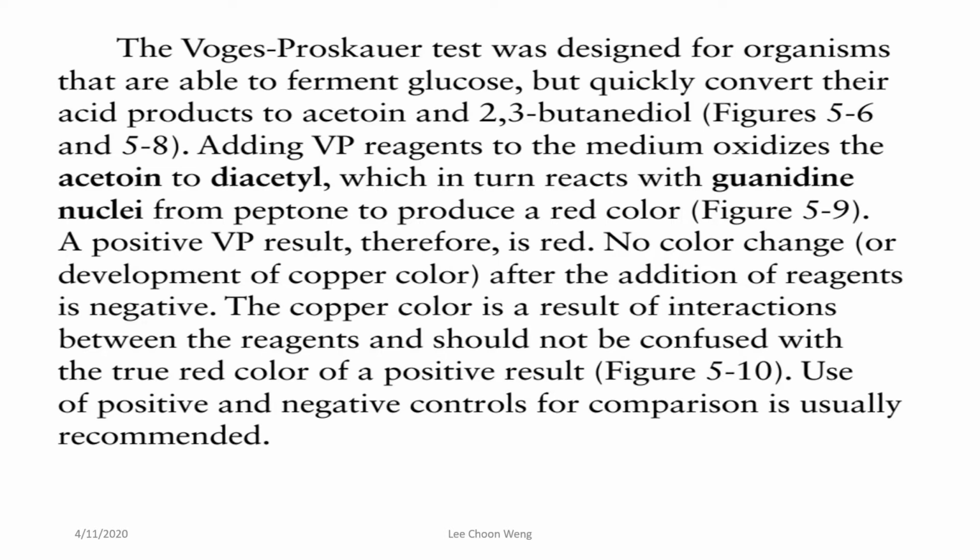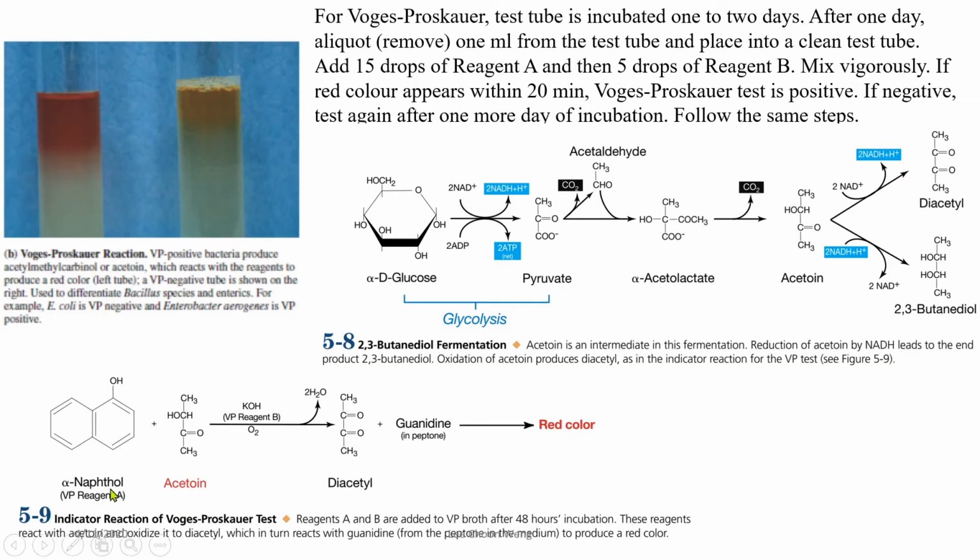Whereas for the Voges-Proskauer test, we are looking for bacteria that ferment glucose, but then at the pyruvate stage, they produce acetoin as an intermediate, which will be further oxidized into diacetyl and butanediol.